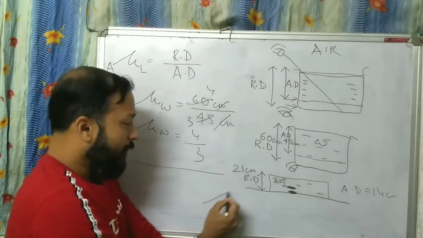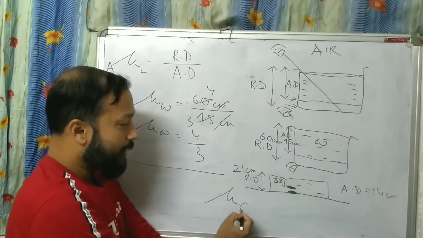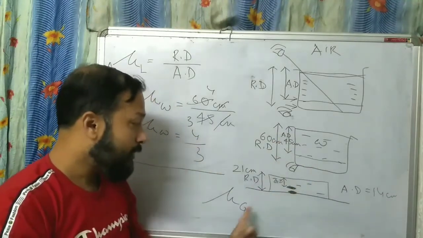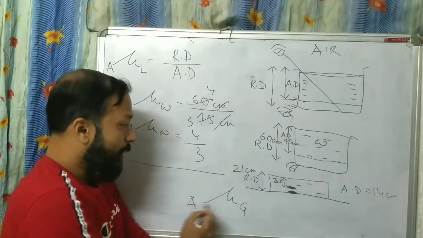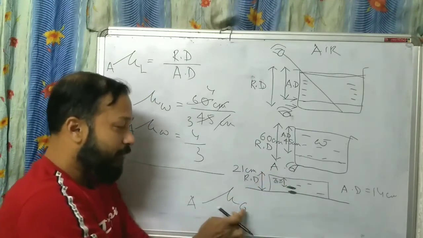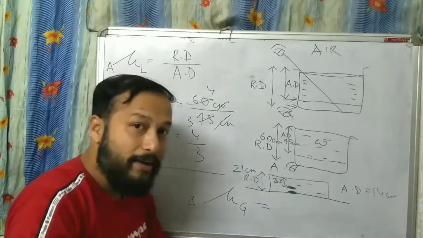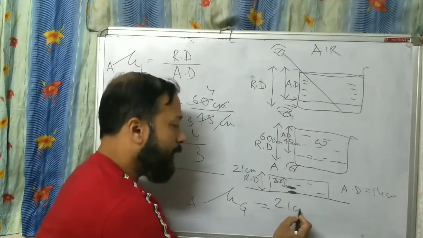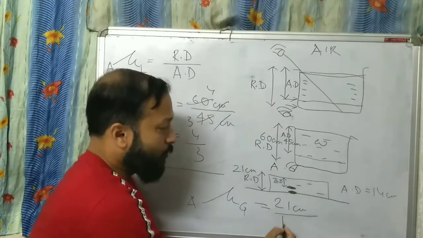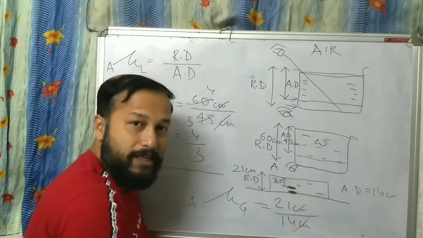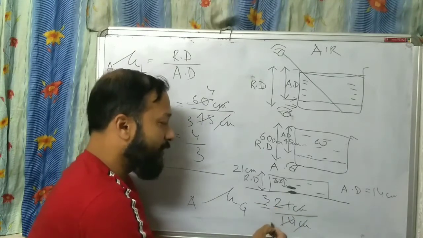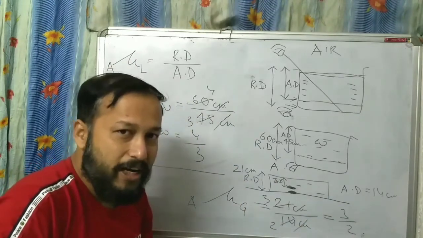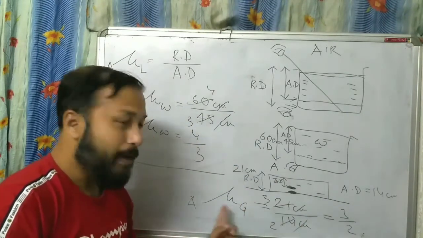Since we are using glass here, refractive index of glass with respect to air, because air is there, equals real depth by apparent depth. Real depth is 21 centimeter by apparent depth 14 centimeter. Centimeter cancels. By 7 you cancel it: 7 threes are 21, 7 twos are 14. So it equals 3 by 2. 3 by 2 is the refractive index of glass with respect to air.